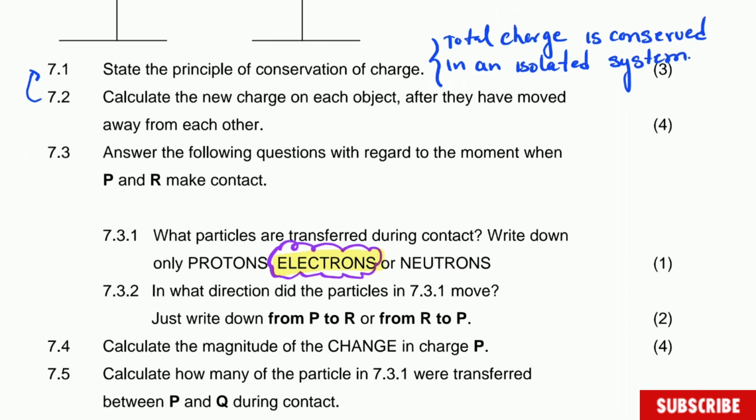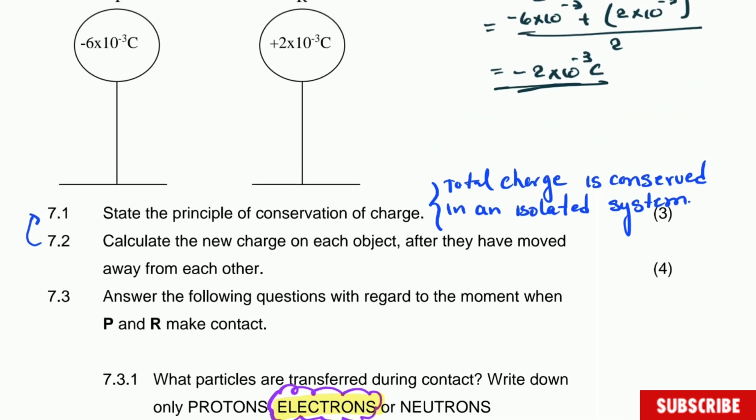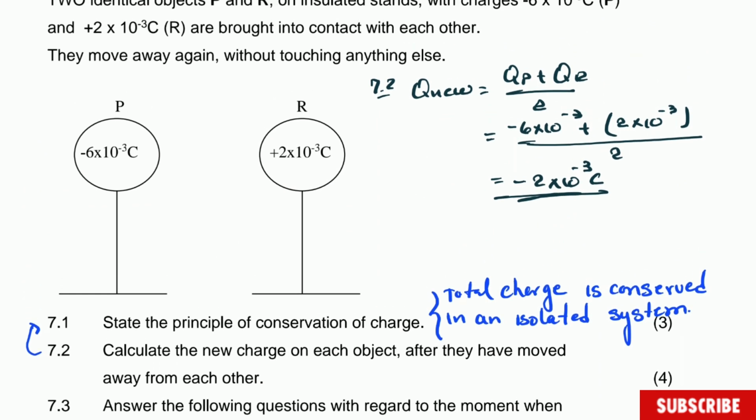In what direction did the particles mentioned, in this case we're talking about the electrons, move? Just write from P to R or R to P. Guys, they are always going to move from the more negative to the more positive. So in this case, the electrons were moving from P to R when the two objects were in contact with each other.